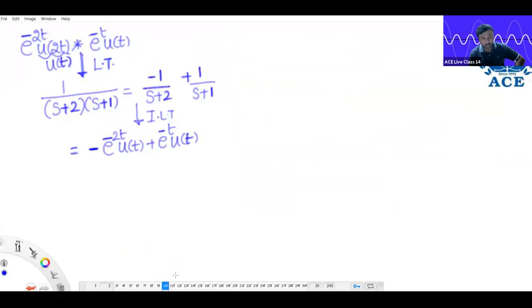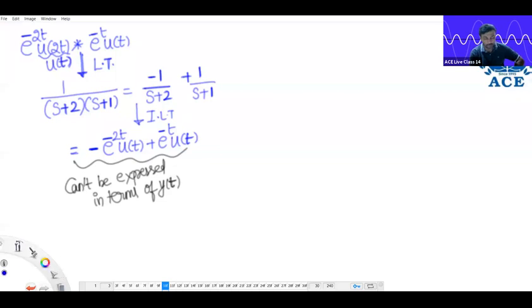In the next slide, what we observed: input scaled, system as it is. We got some result which cannot be linked in terms of original output, cannot be expressed in terms of y of t, which is available in the last slide.